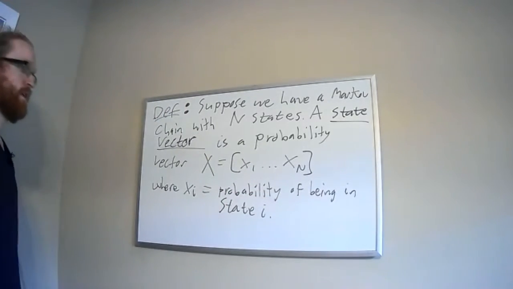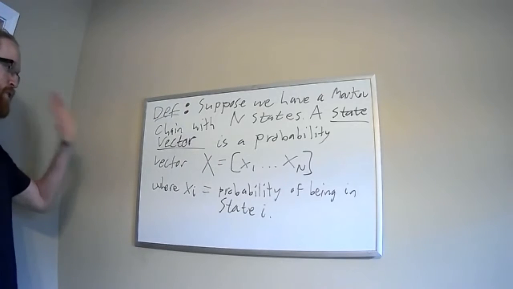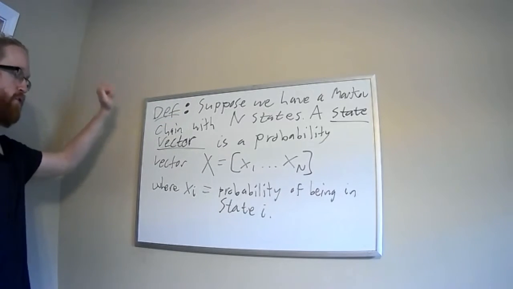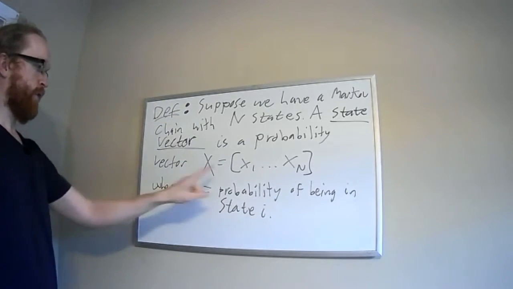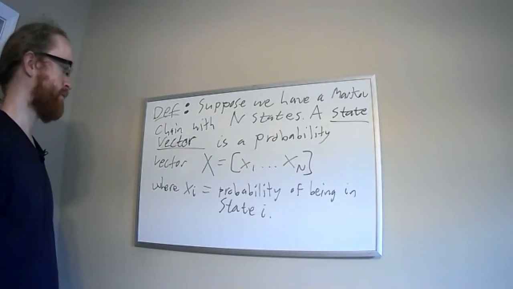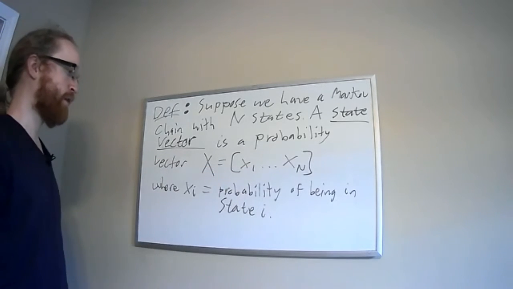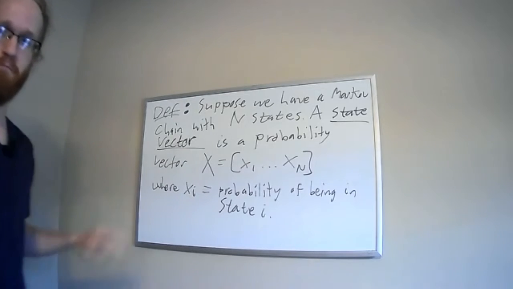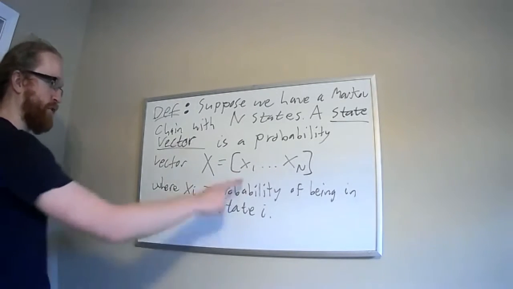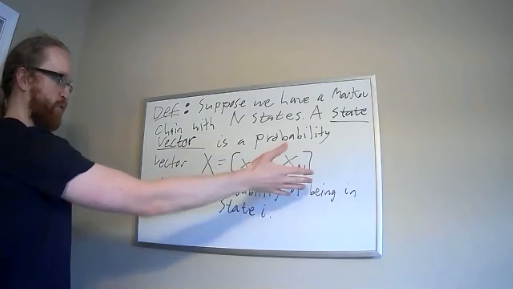This is a state vector. It's just a particular probability vector that I'm going to associate to a Markov chain, where I have an entry for each state of the Markov chain, and each entry represents the probability of being in that state. That's all. So the first entry is the probability of being in the first state, and so forth.